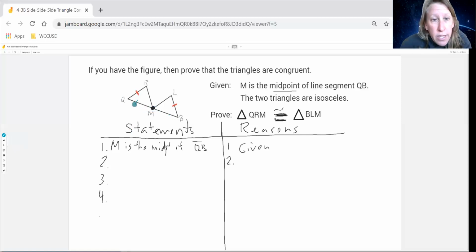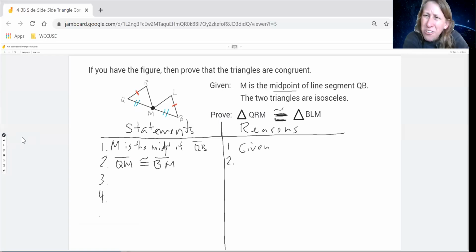That means this side of the line segment and this side of the line segment are congruent. So they get the same mark. So now I'm going to mark that. I'm going to write that right down here. I'm going to write that line segment QM has the exact same mark as line segment BM.